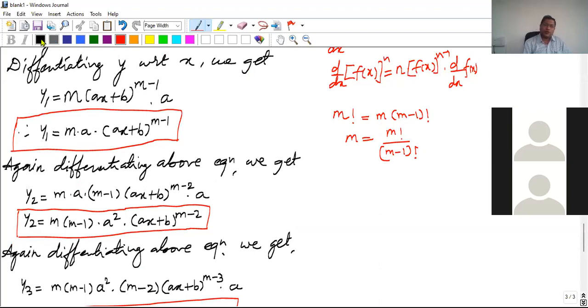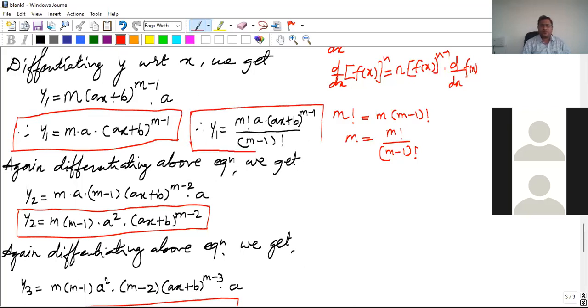This I can write as y1 is equal to m factorial into a, times (ax plus b) raised to m minus 1, upon (m minus 1) factorial. Are you getting this?